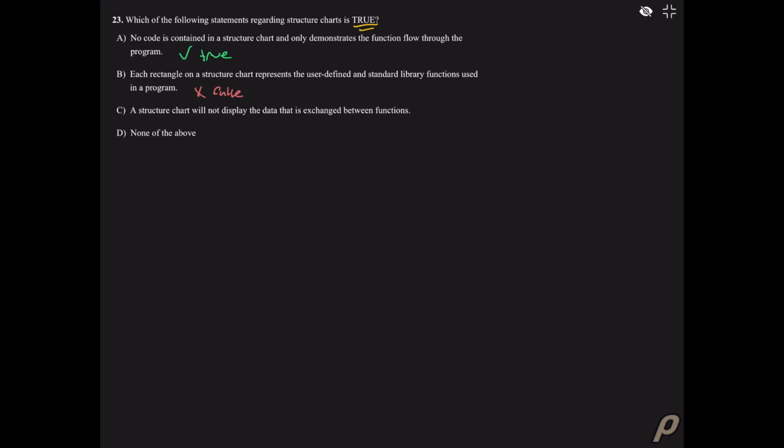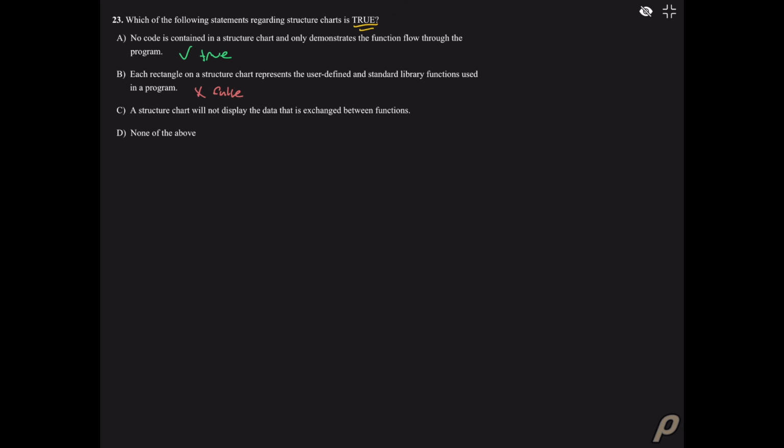And then C, a structure chart will not display the data that is exchanged between functions. This is also going to be false, as this is not what structure charts are intended to do, because we're not supposed to be showing code or anything like that. Sorry, I misspoke there.